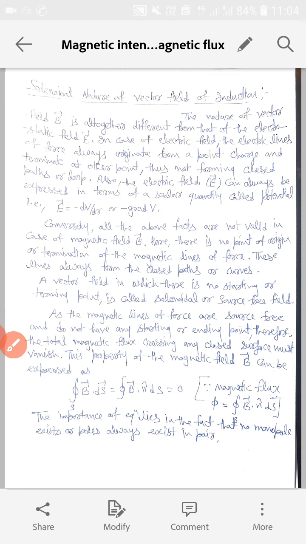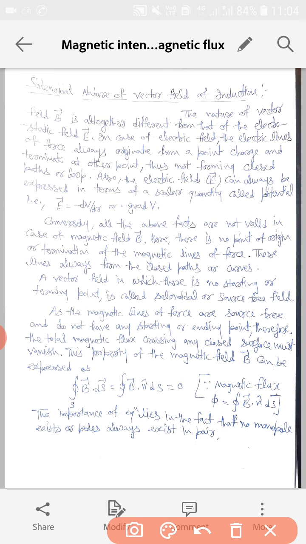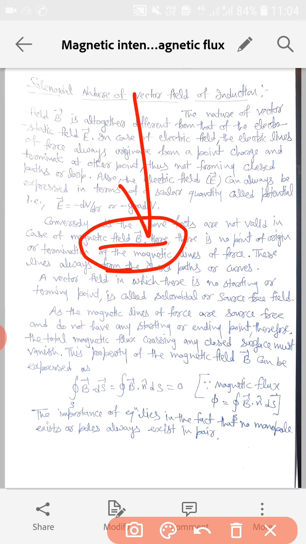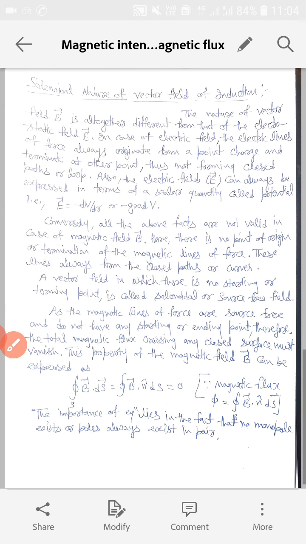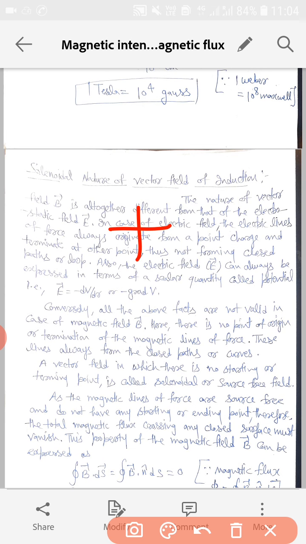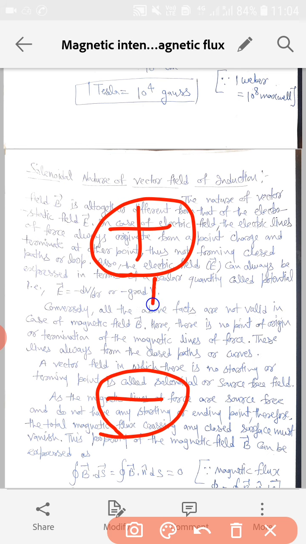They start from a charge and also terminate at some other point. If we have a negative charge, the field lines come in and terminate on this surface. And if we have a dipole, one positive charge and one negative charge, the field lines originate from the positive charge and terminate at the negative charge. This is how we represent the electric field lines for positive and negative charges.